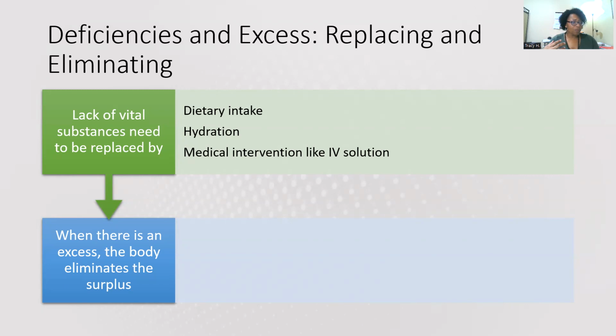On the flip side, the patient may have a fluid volume excess. They may have too much of something, like too much potassium. Then we'll get orders to initiate particular interventions for them to excrete the potassium.